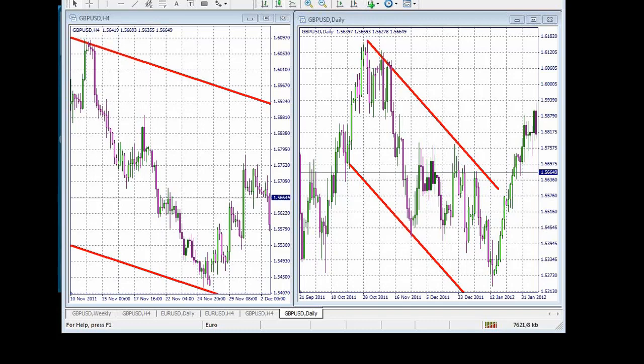I think it's good that the market still respects Fibonacci levels, a trend channel, and also those cycles.